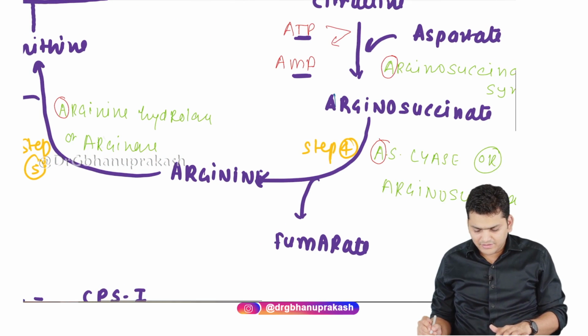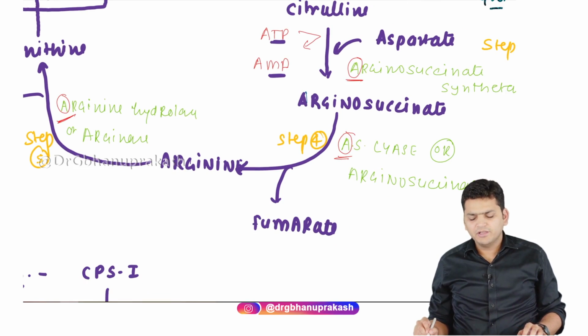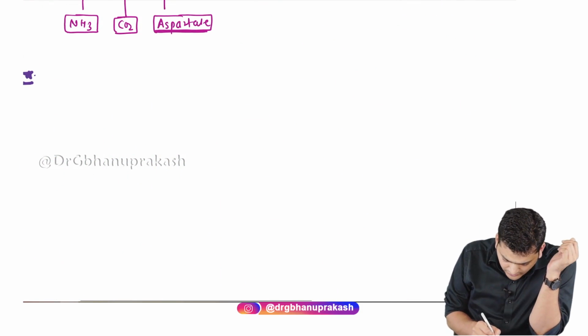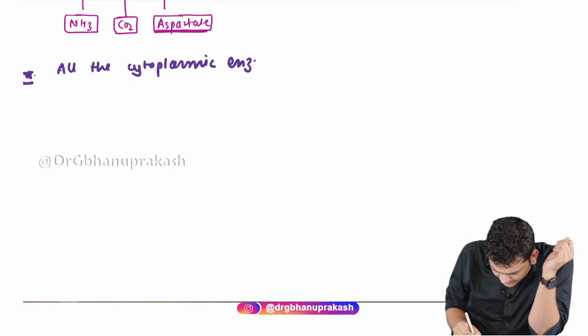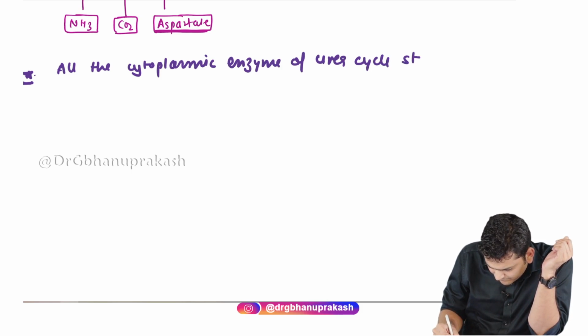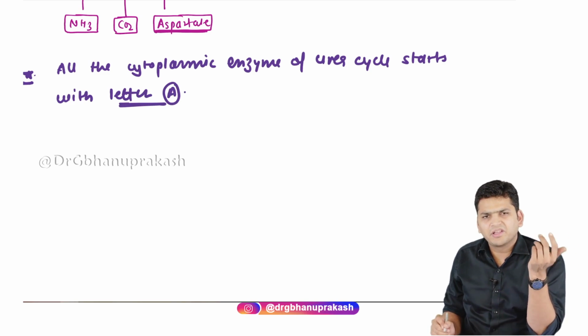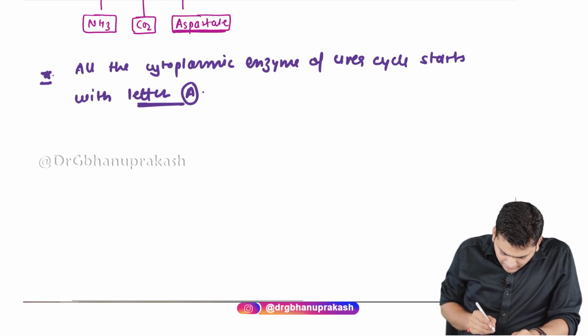All the cytoplasmic enzymes are starting with the alphabet A. So let's write down this point: all the cytoplasmic enzymes of the urea cycle start with the letter A. So this is an easy way to remember that the options starting with the letter A are the cytoplasmic enzymes.